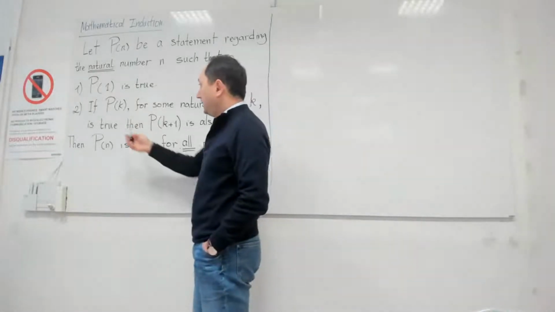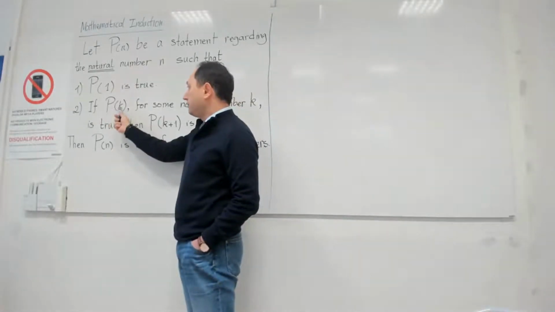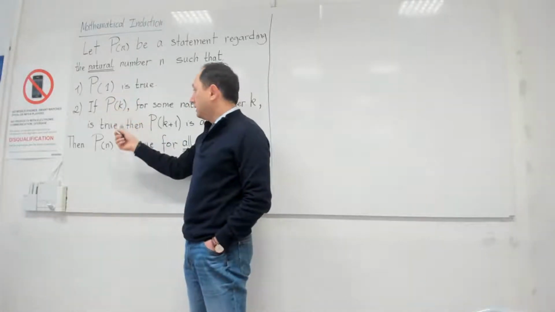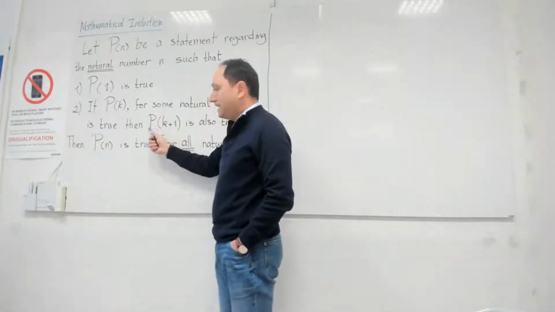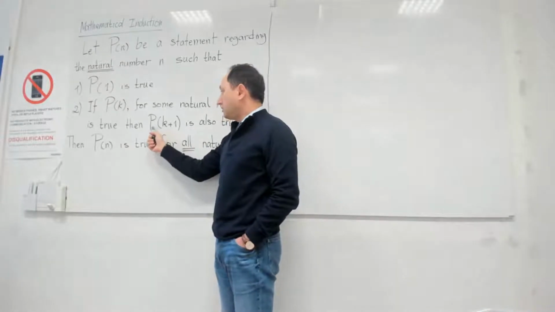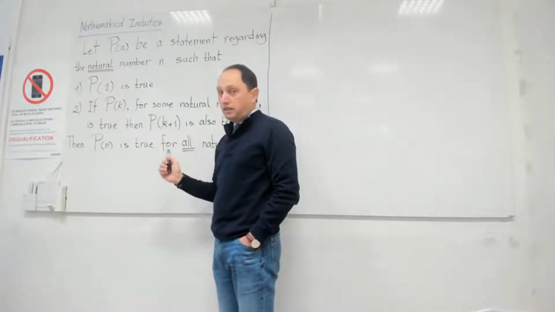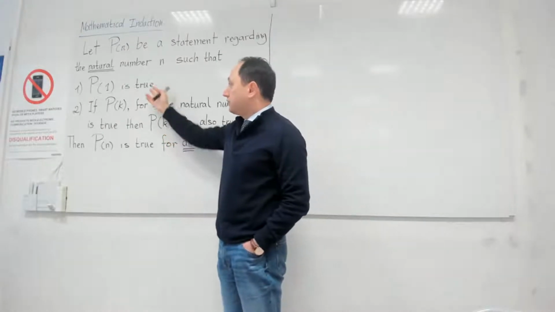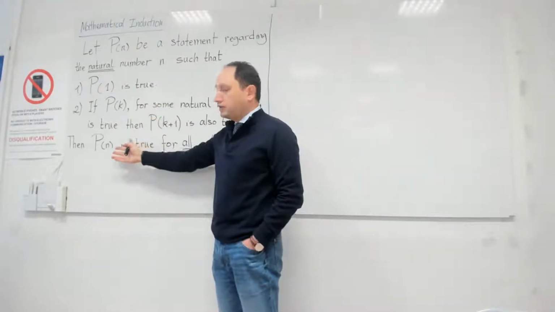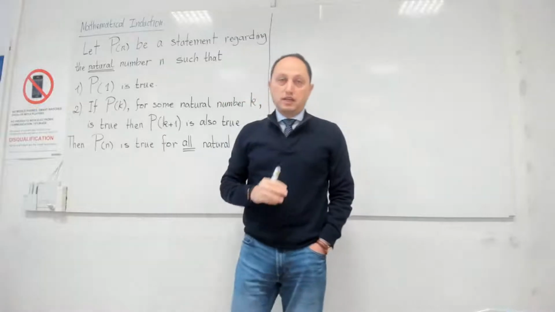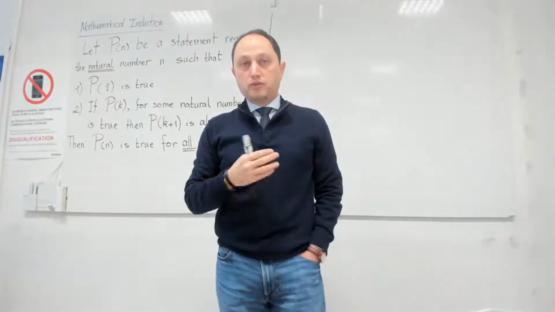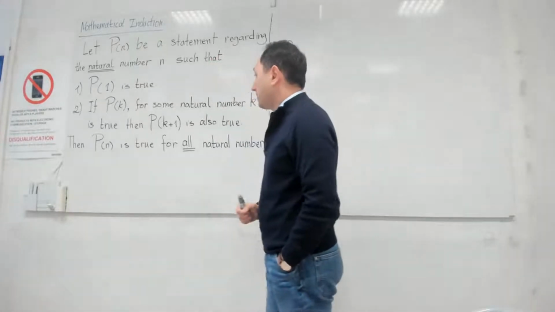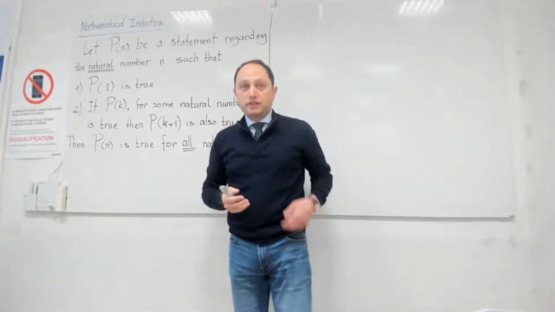We know that whenever P is true for one value k, one natural value for k, it is also true for the next one. P is also true for k plus 1. If your statement enjoys these two properties, you can conclude that your statement is valid for all possible choices of natural numbers n, yes? And I think it's intuitively clear, yes?